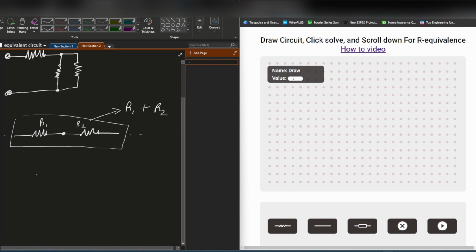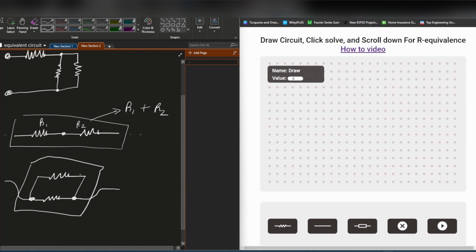Then there's another situation where you could have this resistor in parallel with another resistor. There could be more, but in this case there's just going to be 2. So we have these 2 connected, and so it could be connected somewhere, but we only care about this.